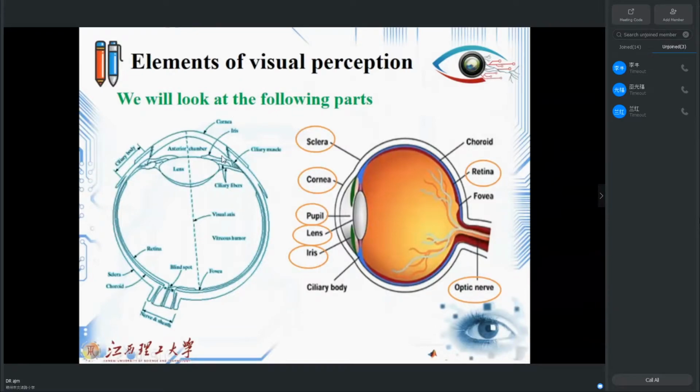It's important because, as I say, image acquisition is the first box of image processing, which is acquiring the image, and it will help us to analyze it better.